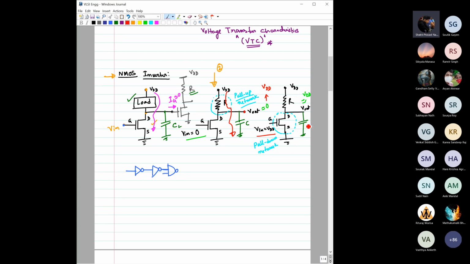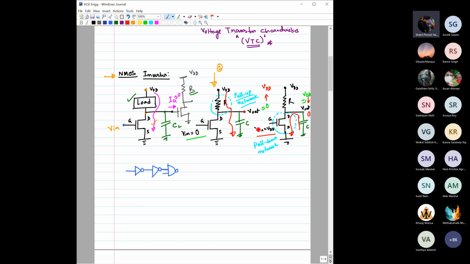So the stored charge in this capacitor will now try to flow back to the ground through this MOSFET. So basically this capacitor gets discharged through this MOSFET. As a result, the output potential, which was earlier VDD, will now drop from VDD to 0 volt.